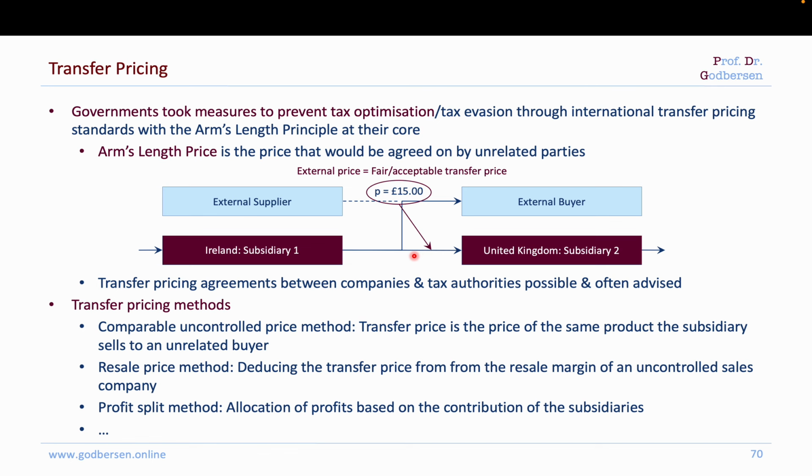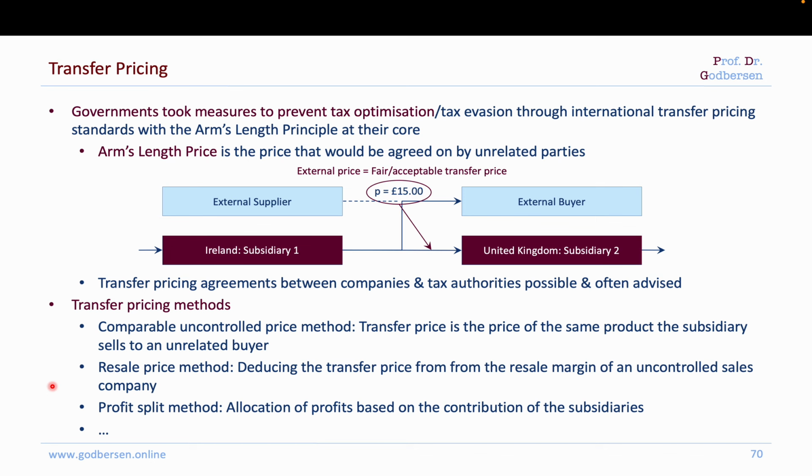That means it is a very good idea to come to transfer pricing agreements with tax authorities. Not that you run into some trouble and you're on the blacklist of some tax authorities and countries. But it's not always as easy as it sounds here to determine an external fair acceptable price.